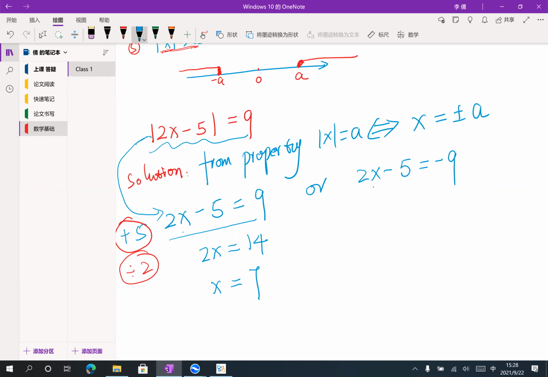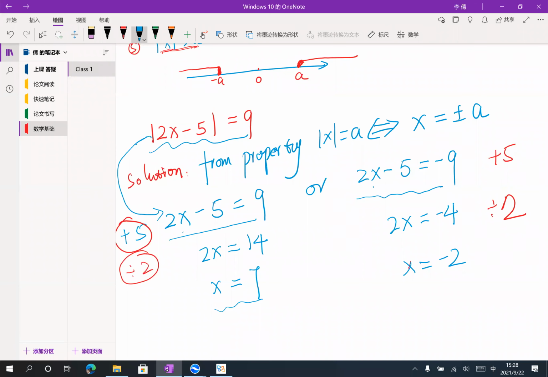For the second equation, we also add 5 on both sides, and we get 2x is equal to minus 4, and then we divide by 2, and we get x is equal to minus 2.